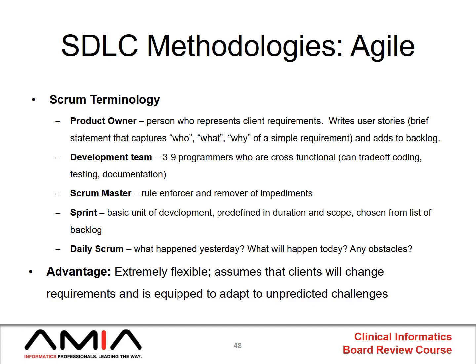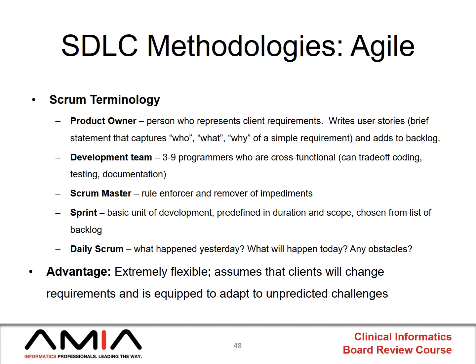The next term is the development team, which is typically 3 to 9 programmers who are cross-functional by design. You want them to be able to trade off various coding tasks, maybe alternate between who's doing testing and who's doing documentation. The next is the Scrum Master, who is the rule enforcer and the remover of impediments.